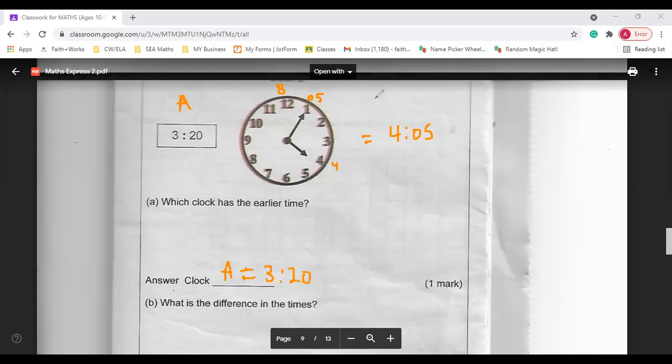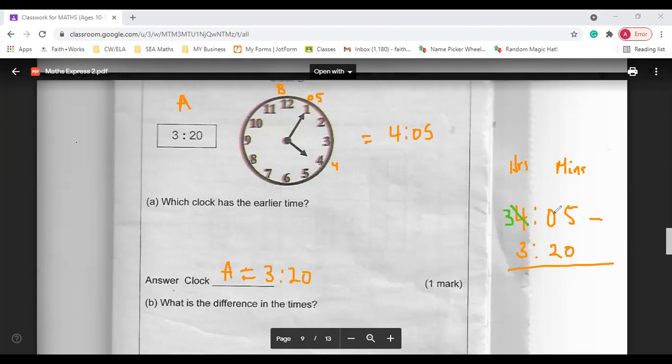All right, so let's do some subtraction. What is the difference? All right, so we have 4:05 minus 3:20. All right, this is the hours section. This is the minutes section. Okay, so 5 minutes, you can't take away 20 minutes from 5 minutes, so we're going to have to borrow an hour.